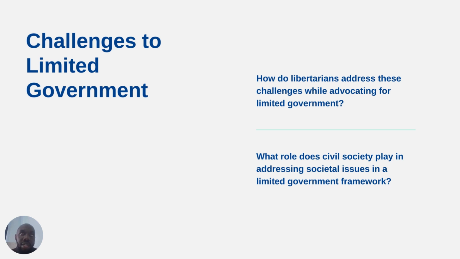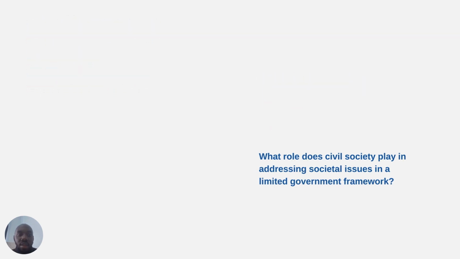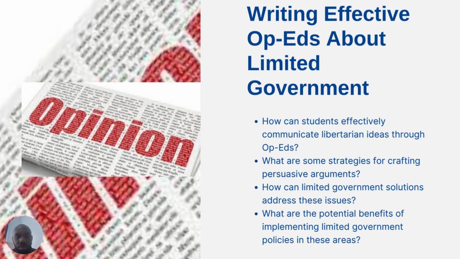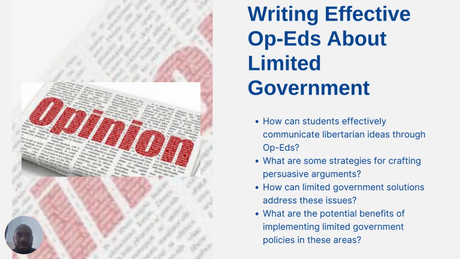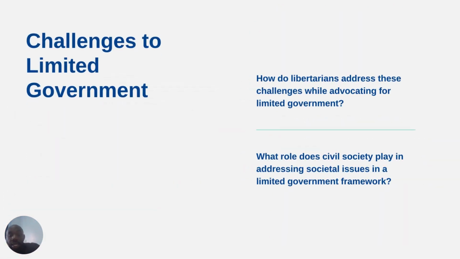And when we embrace innovative solutions such as social entrepreneurship and community-based initiatives, we are able to address this kind of societal challenges while also preserving individual liberties and ensure that no one is left behind in the pursuit for progress.